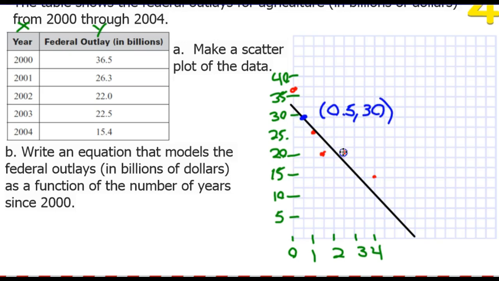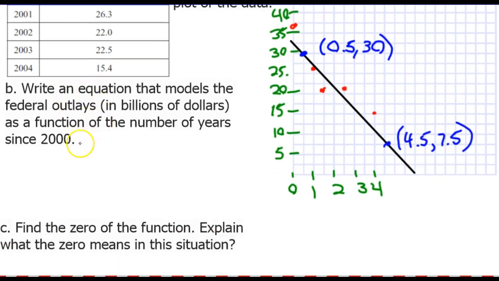And it looks like we have a point close to this one, which would be 4.5 and 7.5. So we need to find our slope first. So our y2 minus y1 is going to be 7.5 minus 30 over 4.5 minus 0.5.